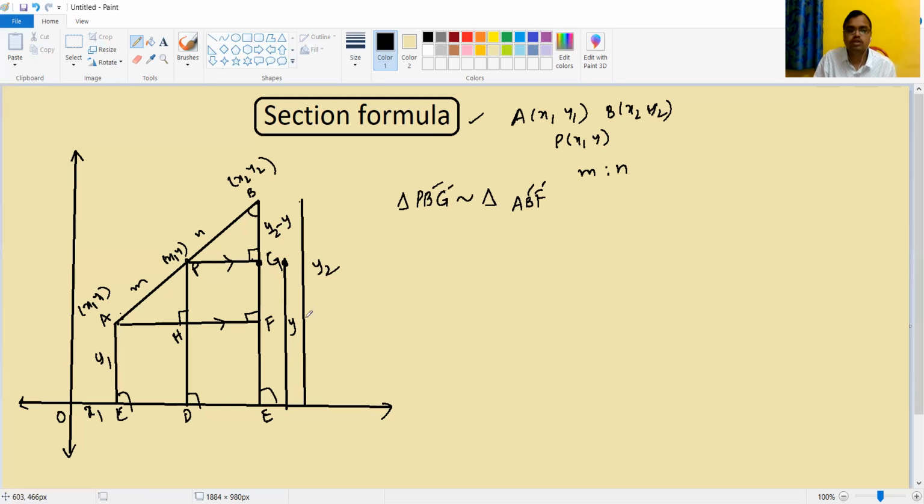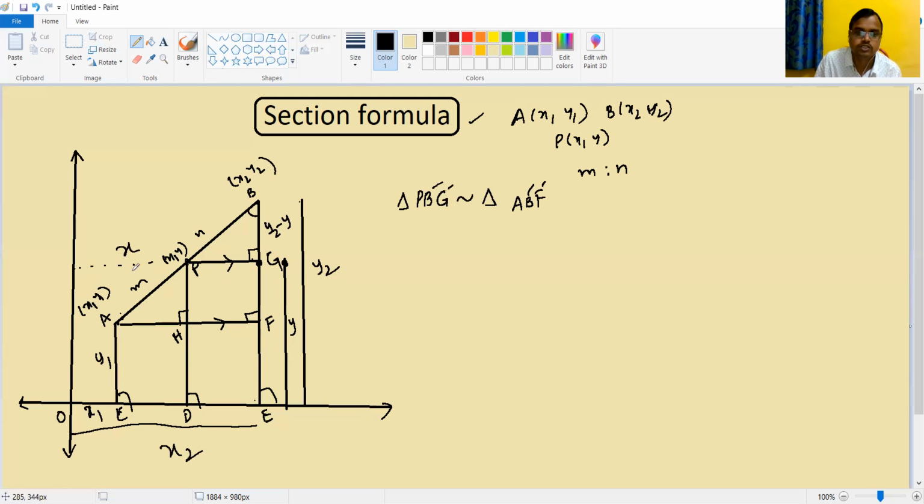Okay. Similarly, EB length is y2. What is OE length? x2. Yes or no? OE length is x2. Similarly, what about the P length? P is (x, y). Till P the length is y. DP length is y, and this length is x, right?